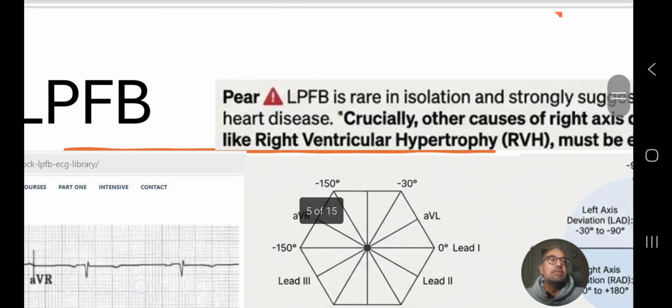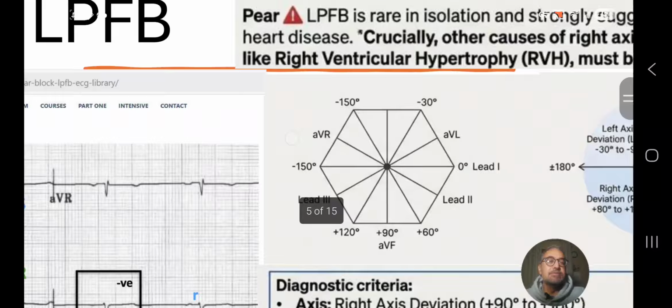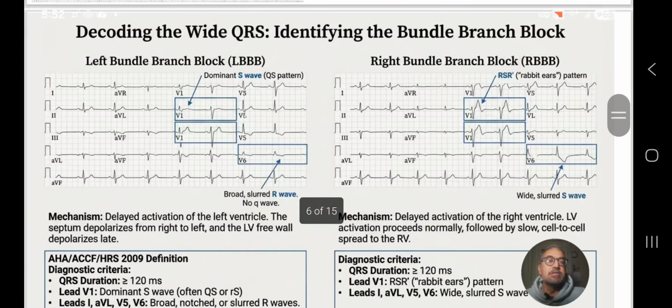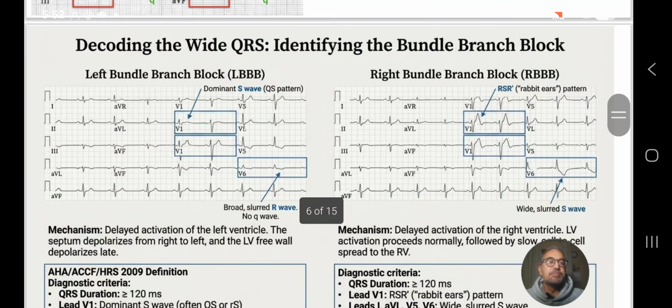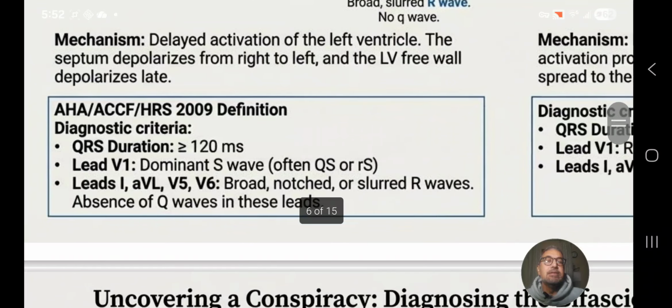There's an example EKG, and left posterior fascicular block is rare in isolation, and it strongly suggests underlying heart disease. RVH must be excluded.